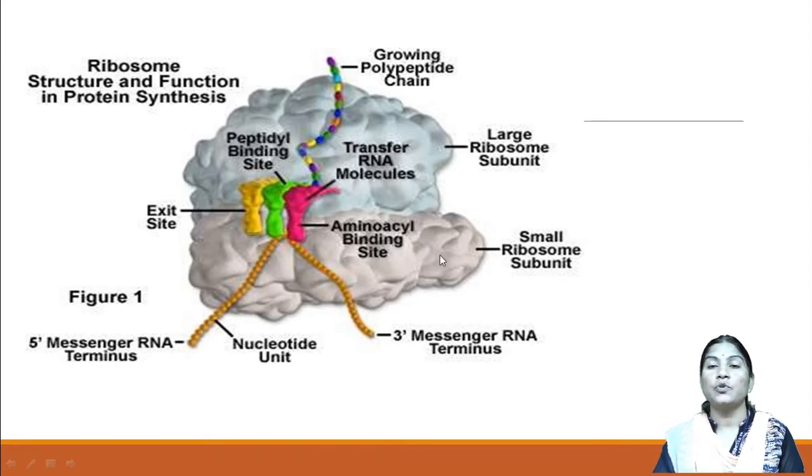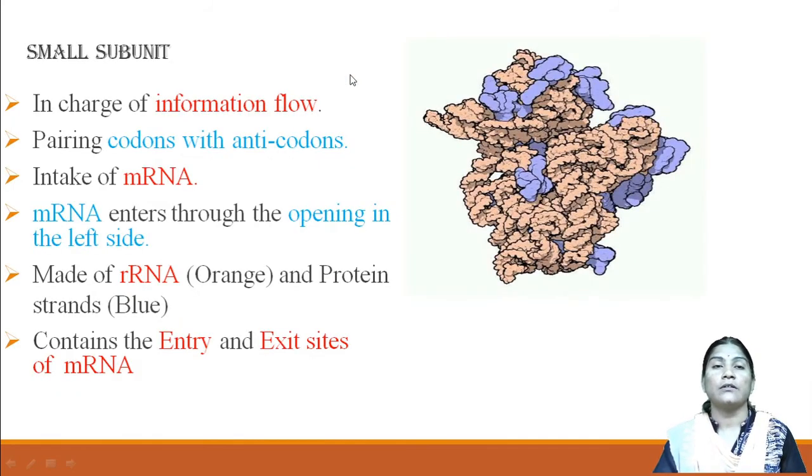Ribosomes have two subunits, the smaller subunit and the larger subunit. Here are the amino acid binding sites and some messenger RNA nucleotide units. This is the translation process, in which the ribosome plays an important role in the synthesis of a protein.